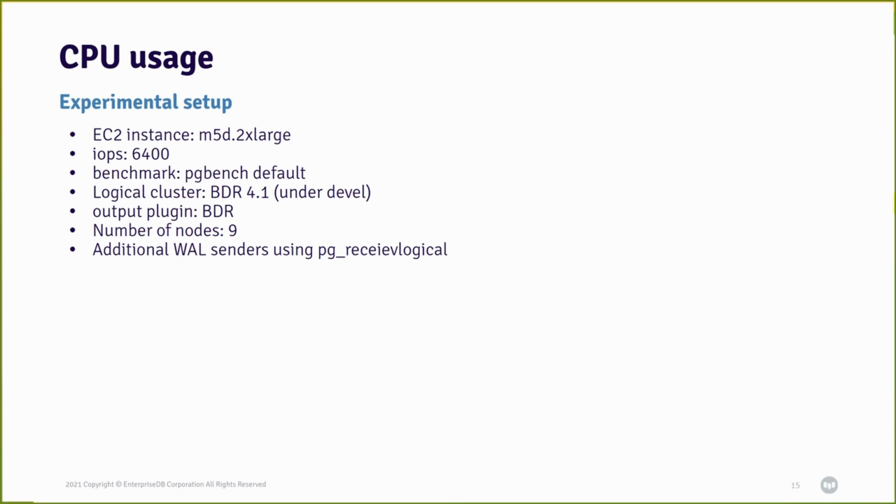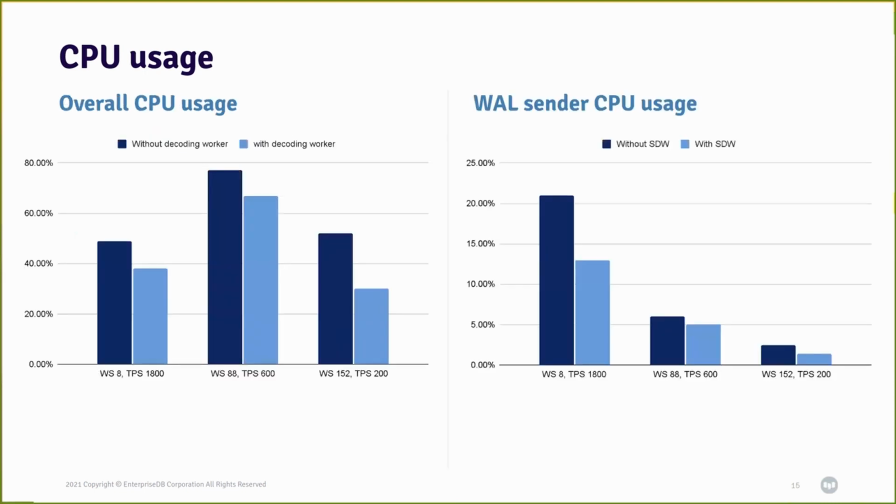So in the next experiments, when we see more than 8 WAL senders, the extra WAL senders are nothing but the pg_receivelogical connections.